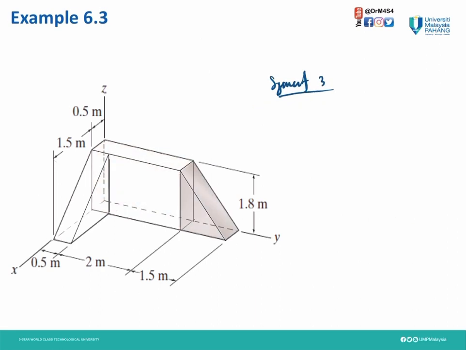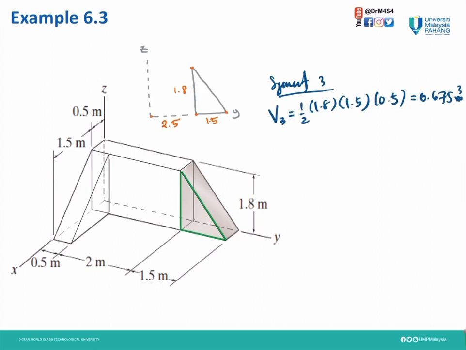Now we're going to do segment 3. The volume V3 is this triangle. So the area for the triangle is half times 1.8 times the base 1.5, and the thickness for this is 0.5. So we have the volume for this segment as 0.675 meter cube. Then we need to calculate our x bar.